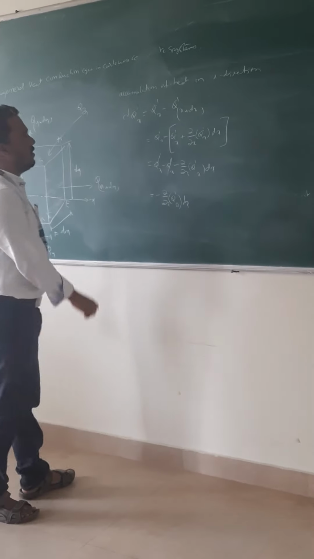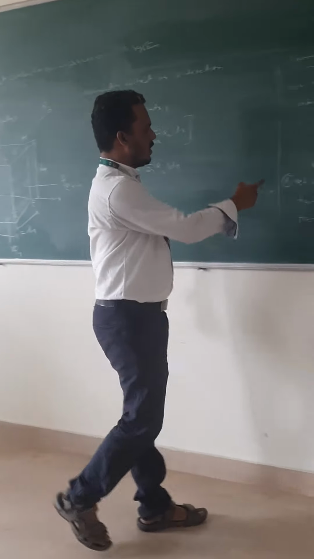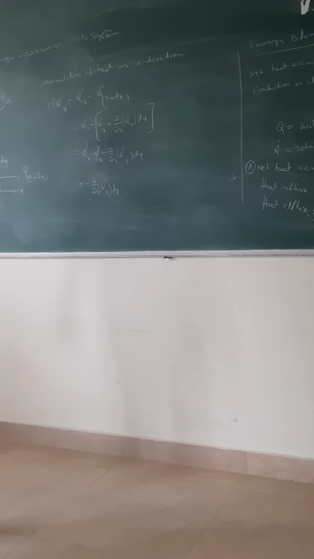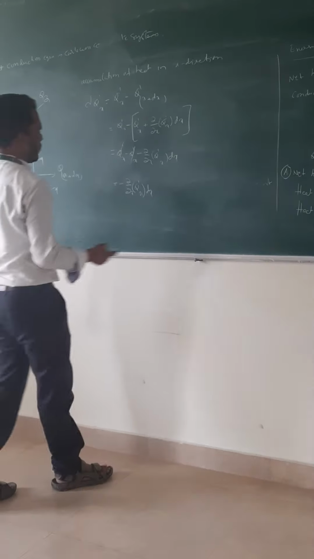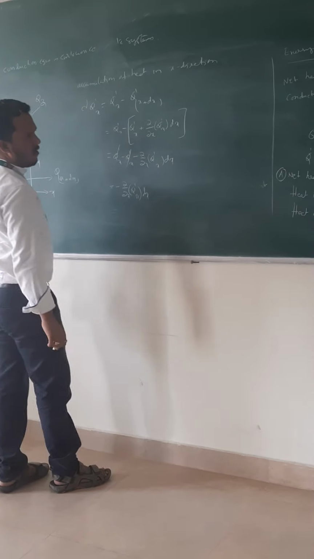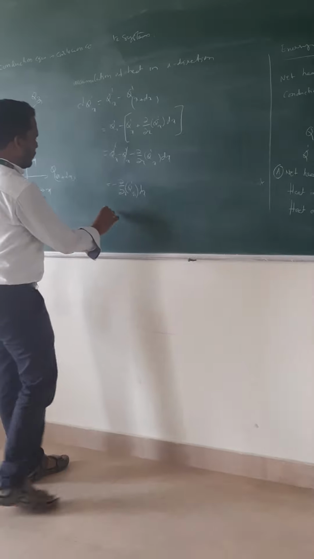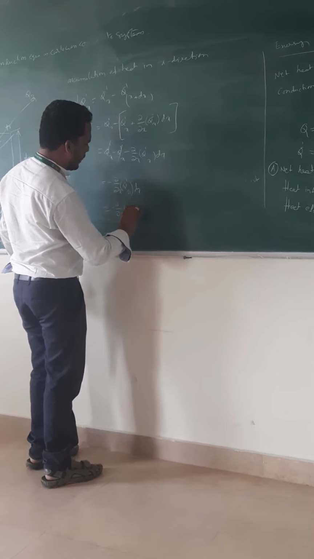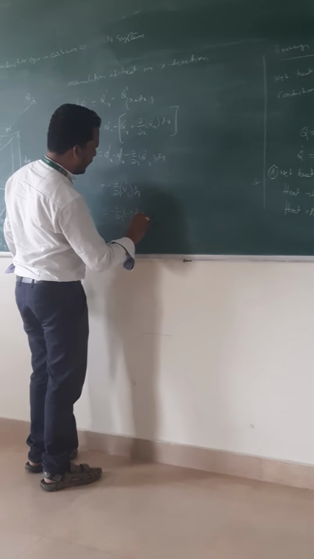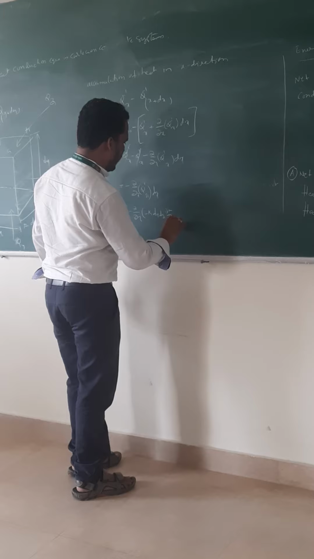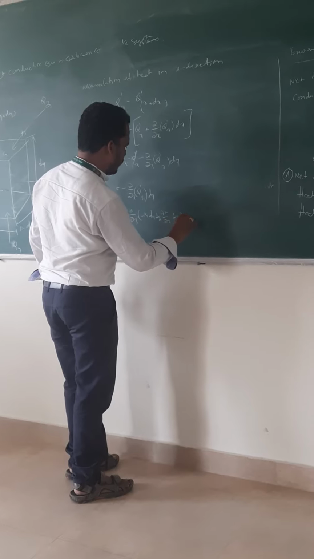Q dash x is minus k into dy dz into dou T by dou x into d tau. Substituting this value in the equation, we get minus dou by dou x into minus k dy dz into dou T by dou x into d tau into dx.